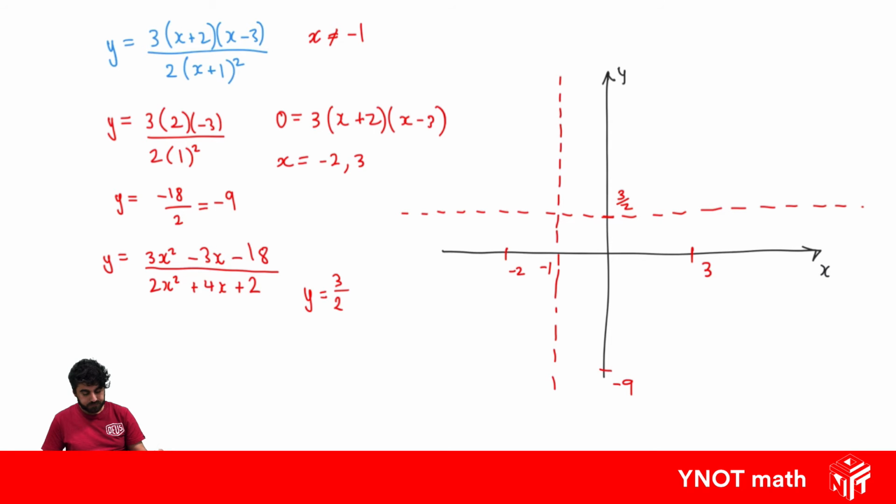Now, what we want to do is we want to check what happens as well. We might have enough to graph. We have enough to graph this section here because we know it's cutting here, and we have an asymptote here and here. So safe to say we've got enough here.